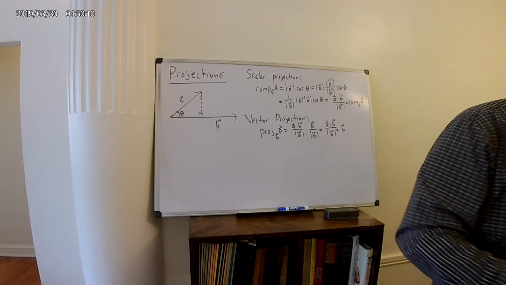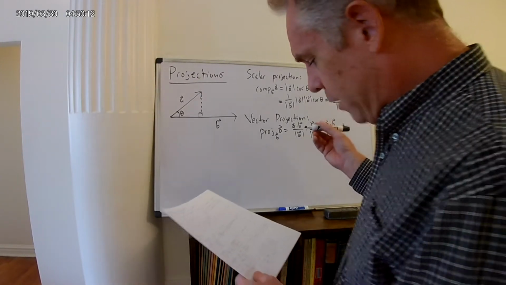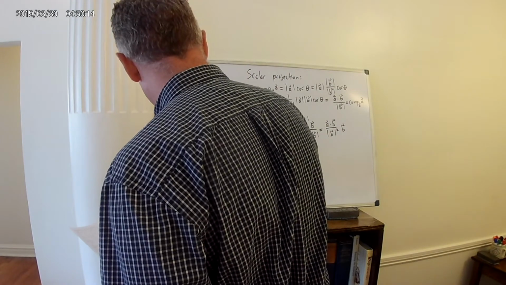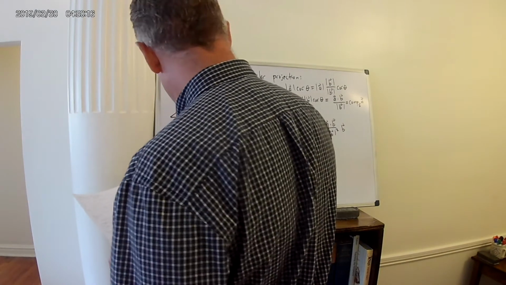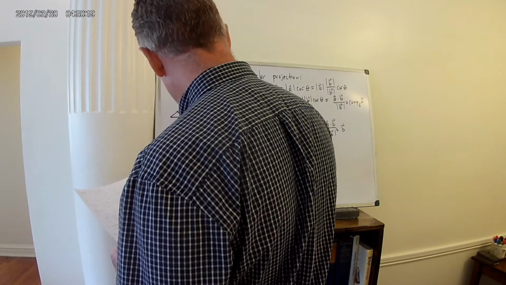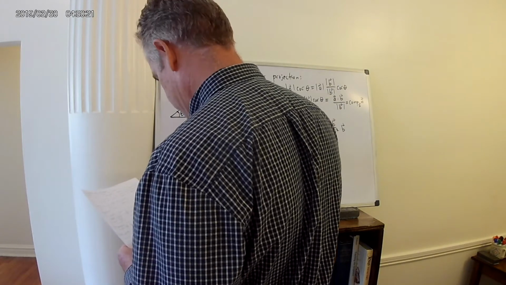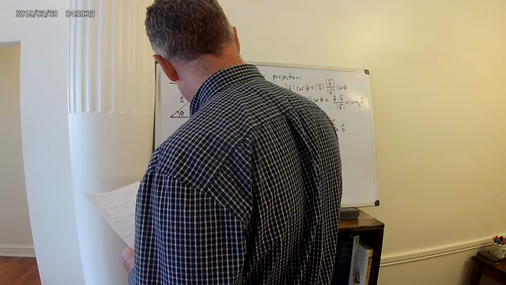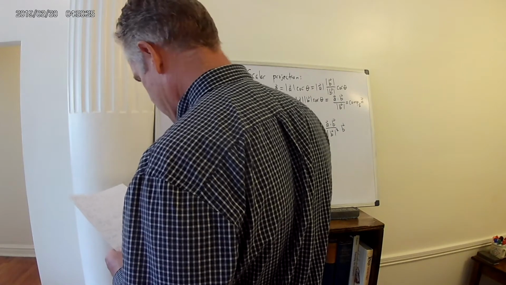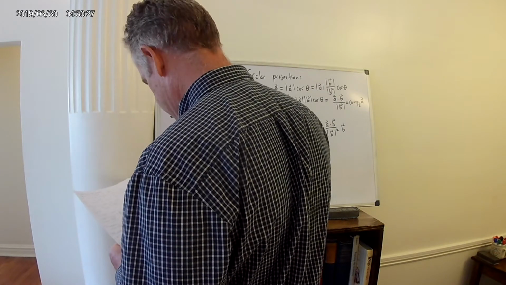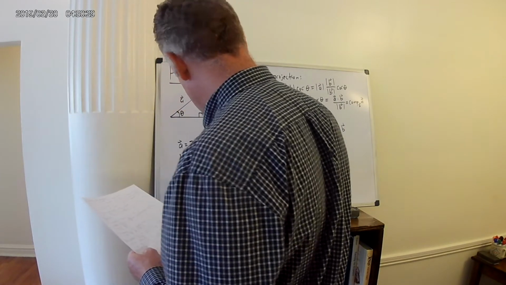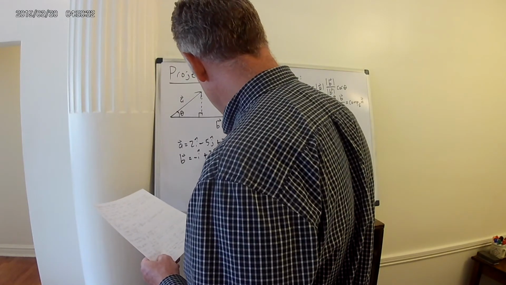Let me do an example problem with this. Let's go back to our two previous vectors. A equals 2i hat minus 5j hat plus 3k hat. And vector B equals minus i hat plus 3j hat plus 2k hat.